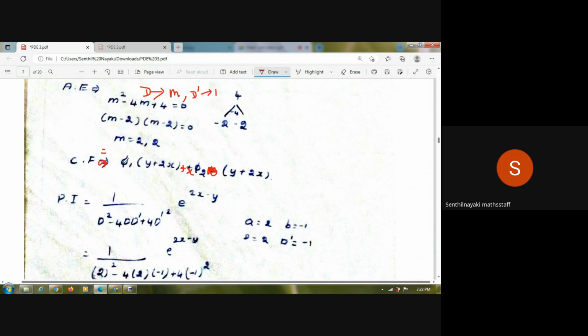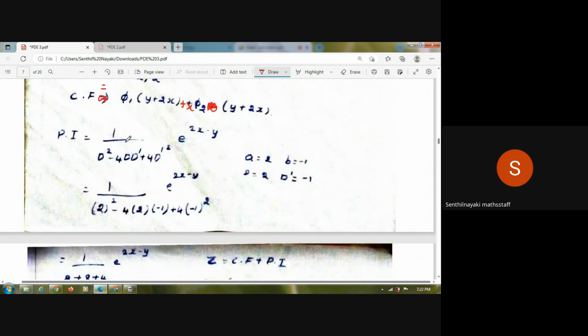This is the complementary function. If there are 3 roots, 2 comma 2 comma 2, then the complementary function becomes pi 1 of y plus 2x plus x into pi 2 of y plus 2x plus x square into pi 3 of y plus 2x. Like that we can write if we have equal roots.